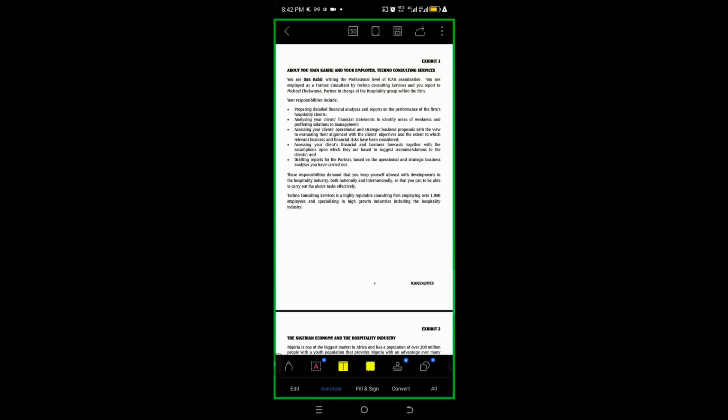Sorry, sir. Please can you explain point number 4 again? Assessing your client's financial and business forecasts. Oh, okay. So forecast could be, let's assume that the client in the case may have a kind of forecast that they have made on their performance.